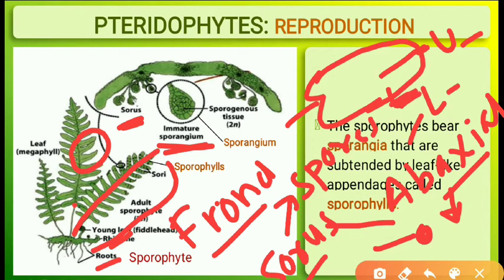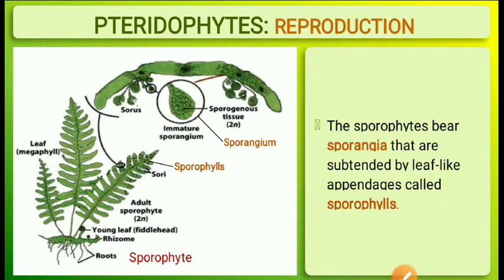Abaxial surface means lower surface. And the sorus contains the sporangium, and the sporangium is a diploid tissue which will produce spores. When the spore is produced, it will fall on the surface of soil where there is more water, and that spore will produce a prothallus. I will show you the prothallus.